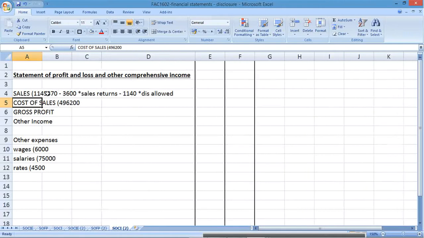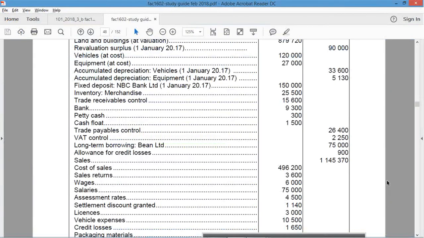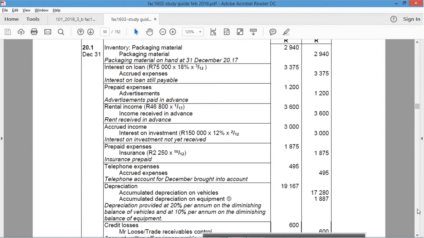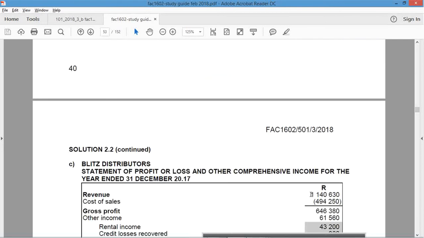Now if I take these figures and add them together, let's check. Yes, see, 1140 630. They just didn't show the brackets.